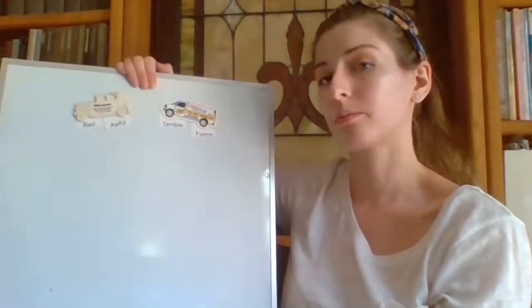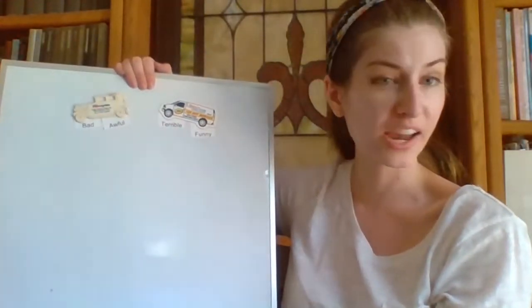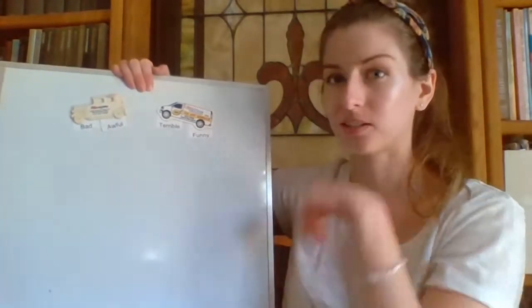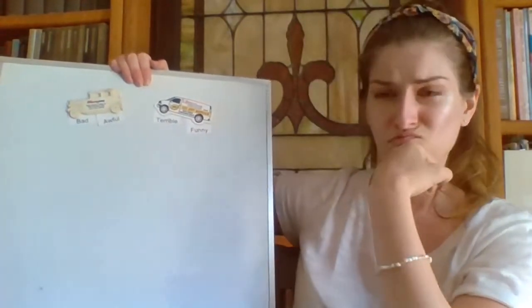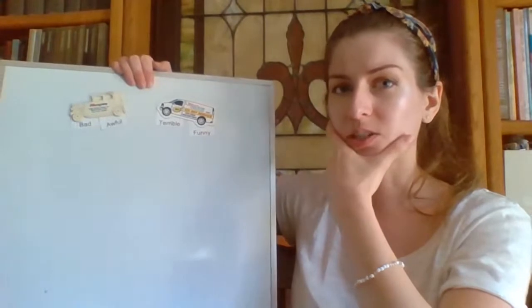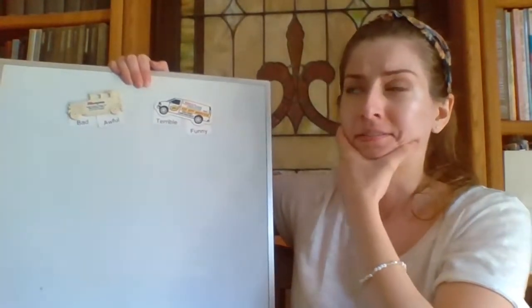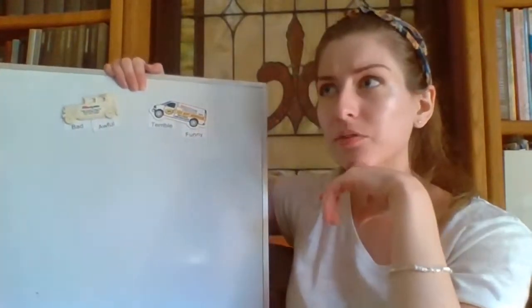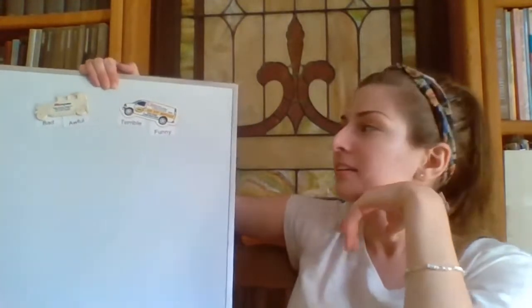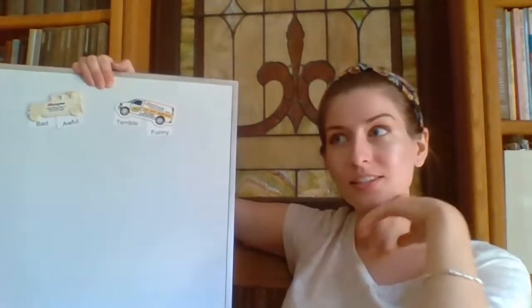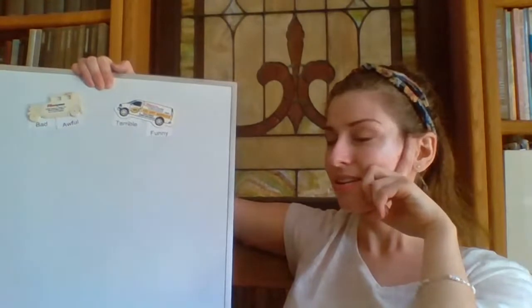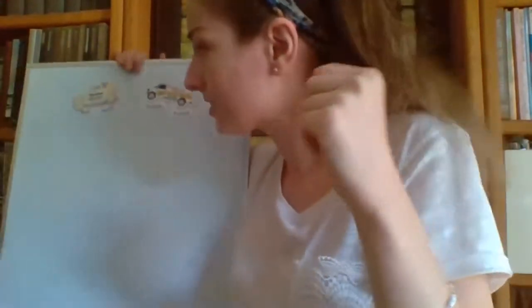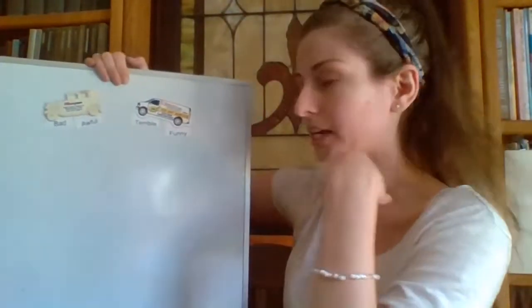Bad, awful, terrible, and funny. Let's do the faces again. So let's do a face if something's bad. Now let's do a face for something awful. Now let's do a terrible face. And what about a funny face? Which one is different? Is it bad, awful, terrible, or funny?